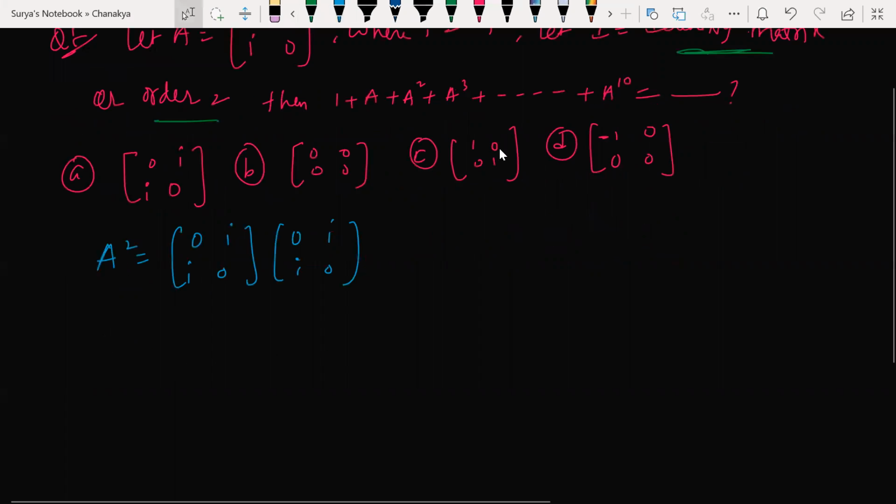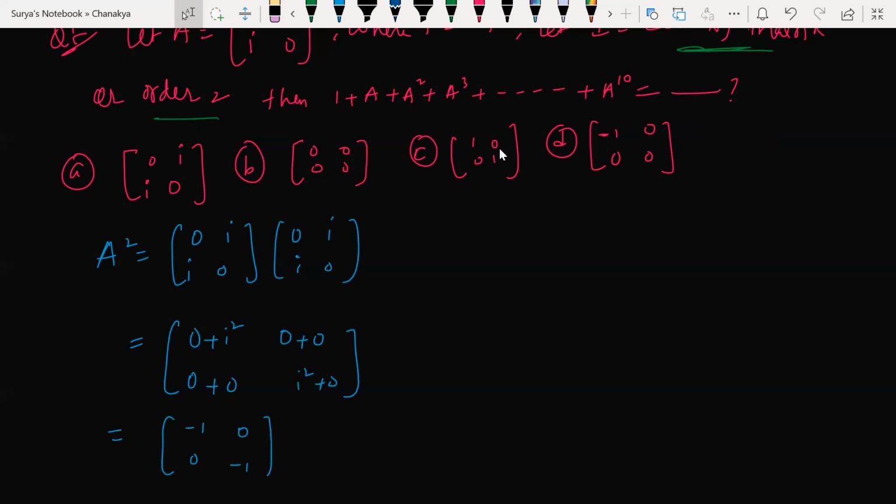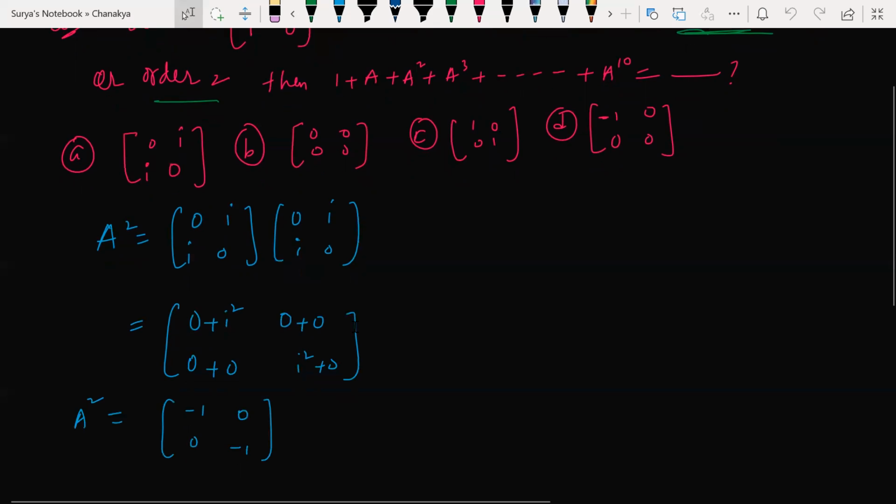If you multiply these two, what are you going to get? [0 I; I 0] into [0 I; I 0] gives I square, 0 plus 0, 0 plus 0, and I square, which is nothing but [minus 1, 0; 0, minus 1]. This is your A square matrix, correct? Any doubts? Is it clear, children?